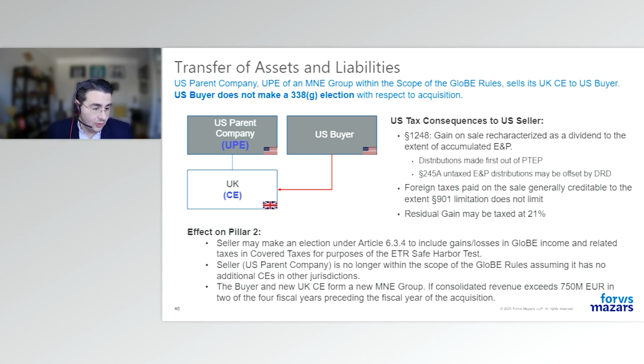The seller, the U.S. parent company, is no longer within the scope of Pillar 2 after this example, depending on how it works, and you could technically form a new MNE group if the U.S. buyer's revenue threshold exceeds 750 million euro, applying the 6.1.1 rules we talked about when doing the consolidated revenue threshold test.